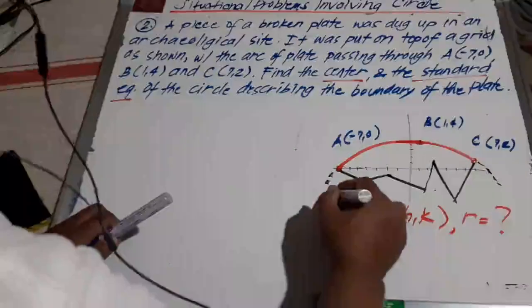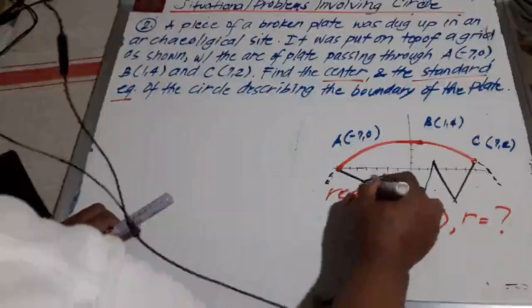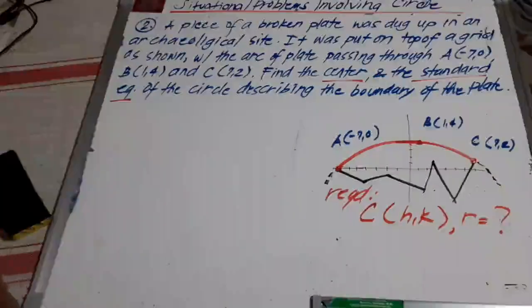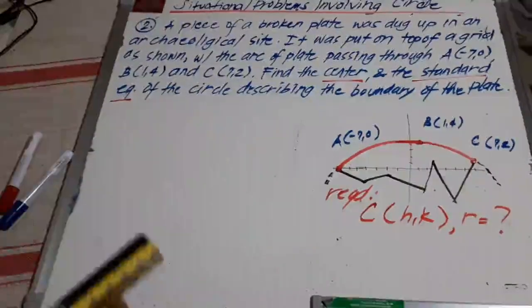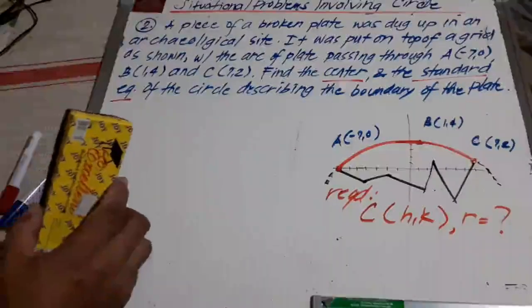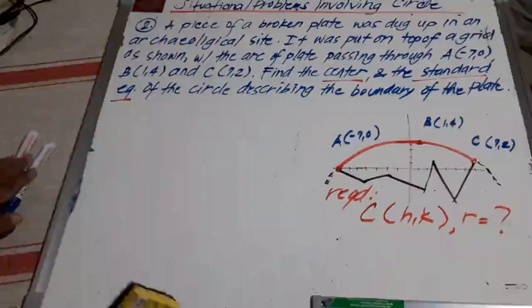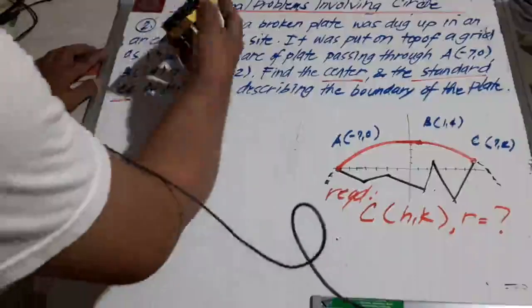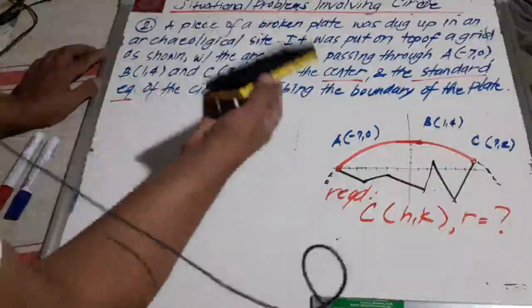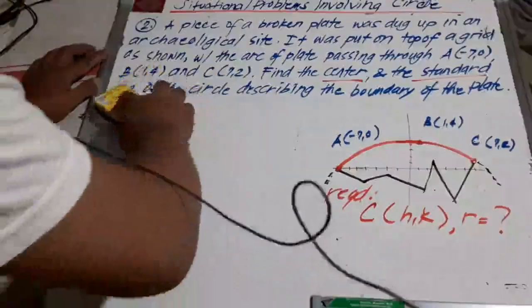Yan ang ating required sa problem. Okay, method 1 muna. By the way, I forgot to tell you pala, yung method 1 pala, gagamit tayo ng elimination method para ma-solve natin yung h, k, and r. So, dalawa: standard form of circle and elimination method.